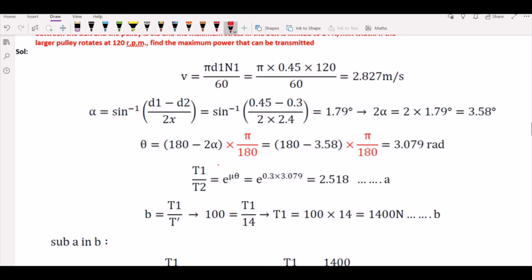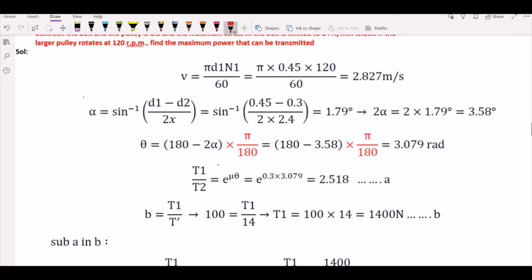Substitute there and you get T1 equal to T2 into 2.1518. Take this as equation 1 and the other as equation 2, substitute equation 1 in equation 2 and you will get the value of T1. Once T1 is known, substitute in the same equation to get T2. Once T1 and T2 are both known, substitute in the power formula and you will get the power.